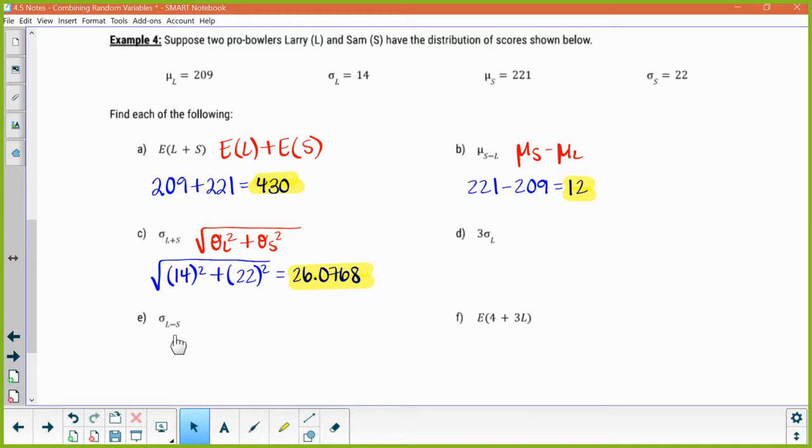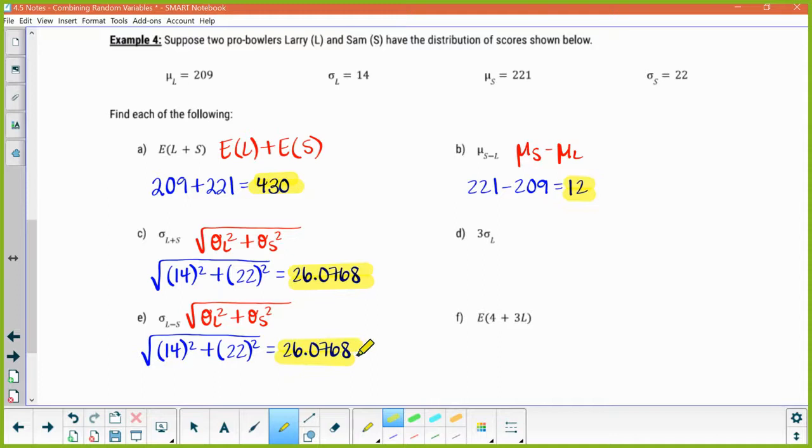Well, remember we talked about how the standard deviation formula does not change because we cannot decrease your variability. So this is actually the same answer, 26.0768. You can just say same as above if you'd like. Even though one is addition, one is subtraction, standard deviation cannot decrease.